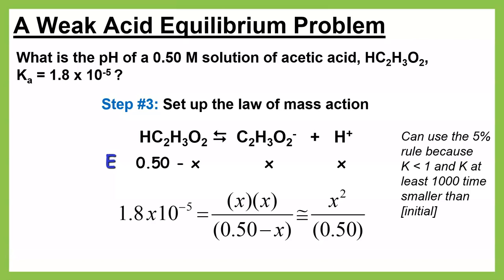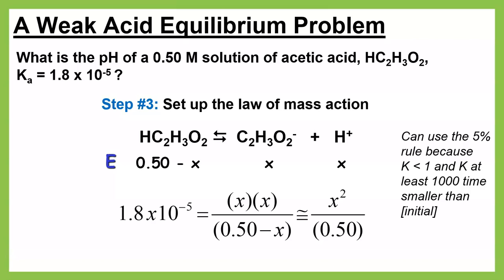The analogy I've heard often is if you're a billionaire and you lost $100, you wouldn't really notice. But if you were really struggling and had hardly any money and you lost $100, you would really, really notice, wouldn't you? That would be impactful. So x compared to 0.5 is negligible, so we can ignore it.